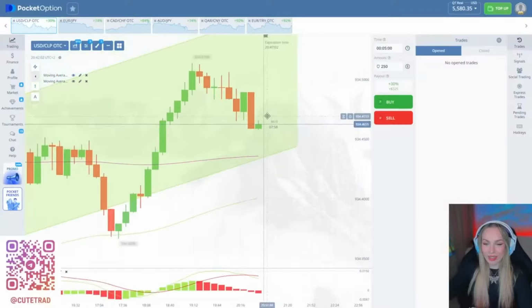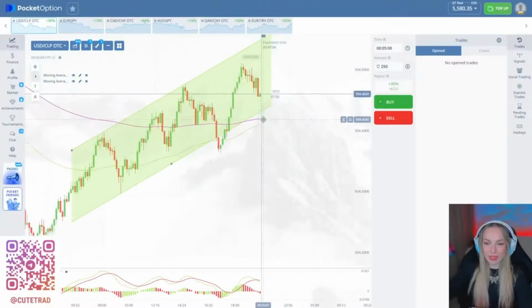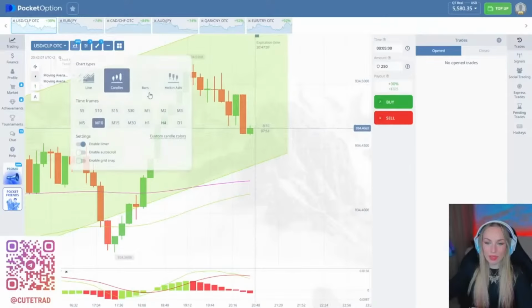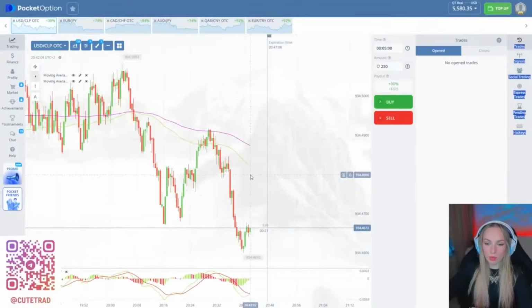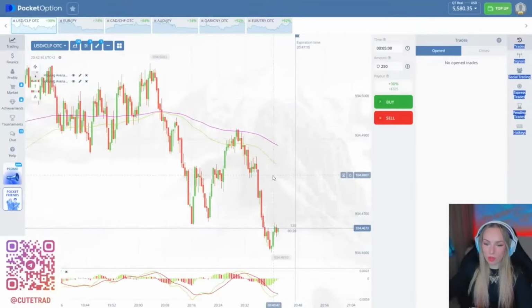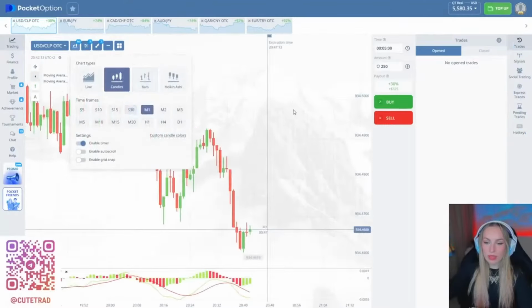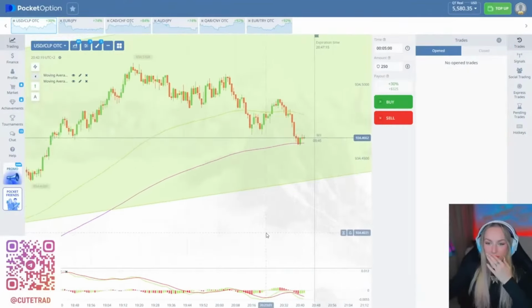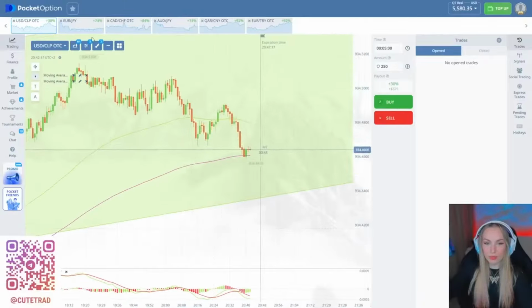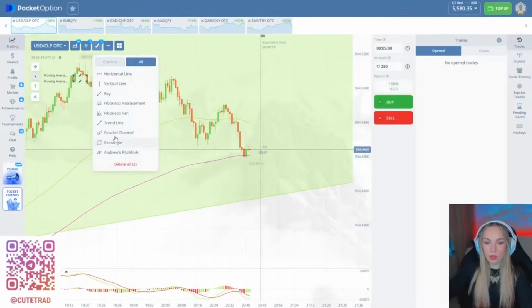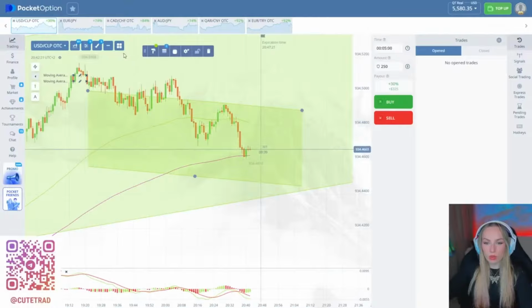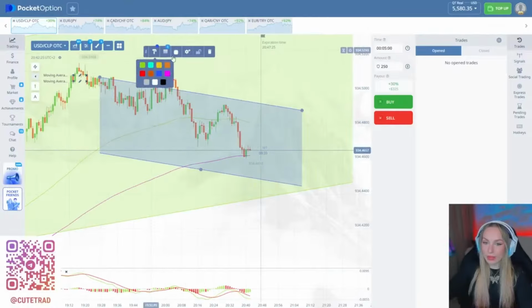I appreciate that. So USD is forming the signal to open the trade in the upward direction. But still didn't touch the support. Still didn't touch, but can touch. I think I can even try to draw here again the parallel channel. Let's make it blue this time.